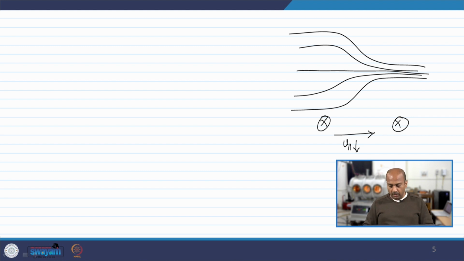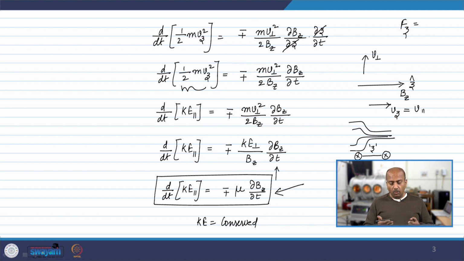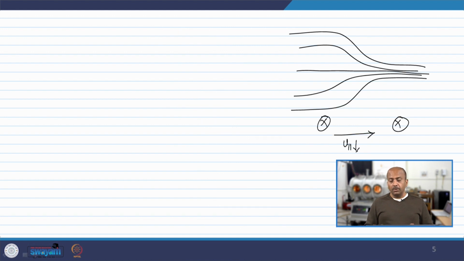So, from the earlier discussion it is very clear. As the particle is moving into the strong magnetic fields, its V parallel will keep on decreasing. The kinetic energy along the parallel direction will keep decreasing. At the same time, the perpendicular component will keep increasing, right. So, V perpendicular will increase.